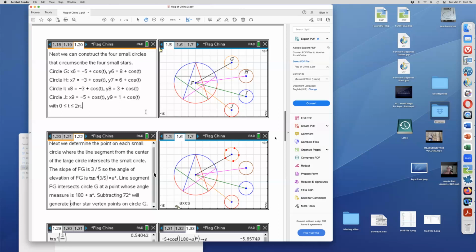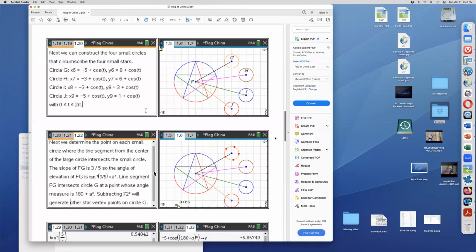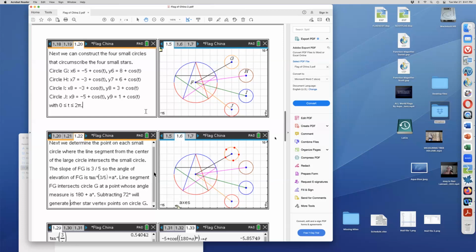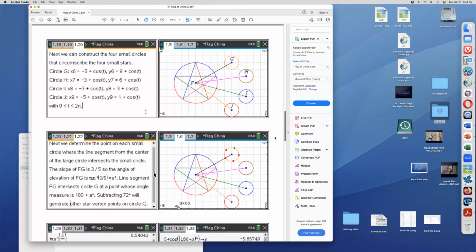You have to rotate 180 degrees to get to the other side of the circle, and then you have to rotate further by angle A. So in terms of the angle description using parametric equations, that angle is 180 plus A. So that gives us the vertex that's going to be pointing to the center. And from that point on, every other vertex is going to be 72 degrees away. So all you have to do to get the other angles is just to keep adding or subtracting 72 degrees 4 times, and it automatically gives you those other points.